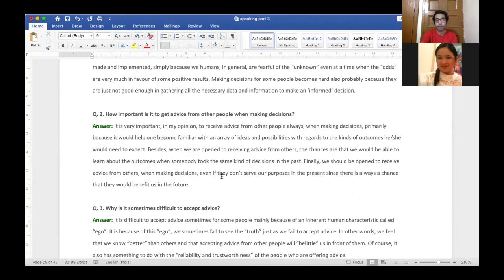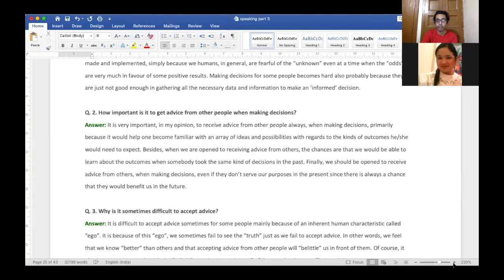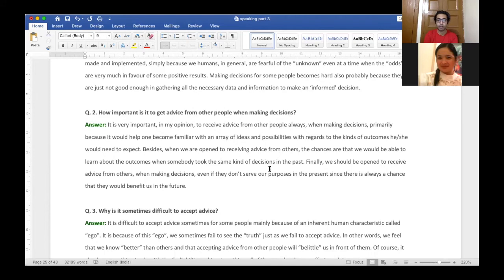But when we are open to receiving advice from others, chances are that the outcomes can be different, because if someone has taken the same decision in the past, his or her opinion might affect us. Right? So, yes, we should be open, but we should use our own thought process too in order to gain an outcome which is in our favor.